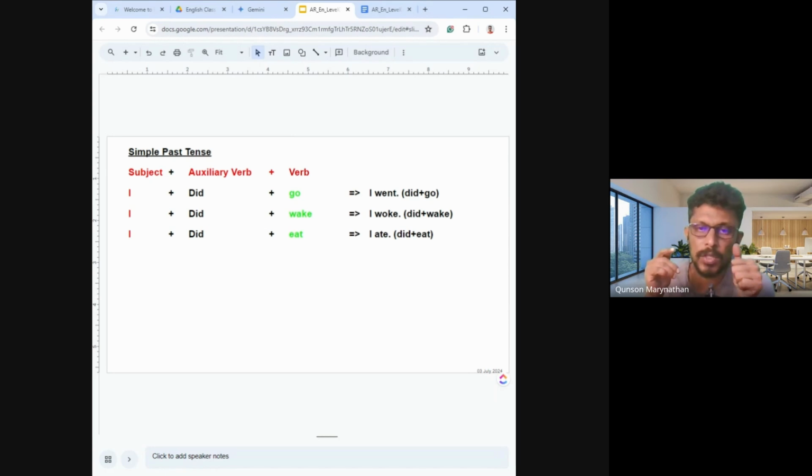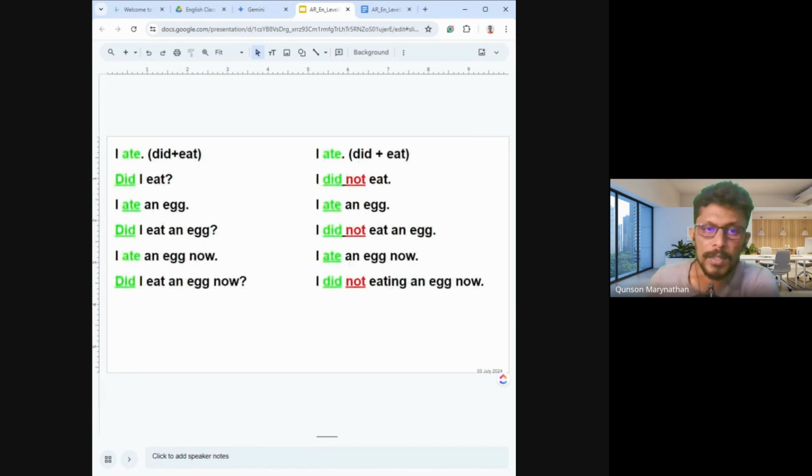Did is the auxiliary verb for the past tense. So when you join did plus go, it becomes went. When you join did plus wake, it becomes woke. When you join did plus eat, it becomes ate. Right. So this is what we saw in the last class.